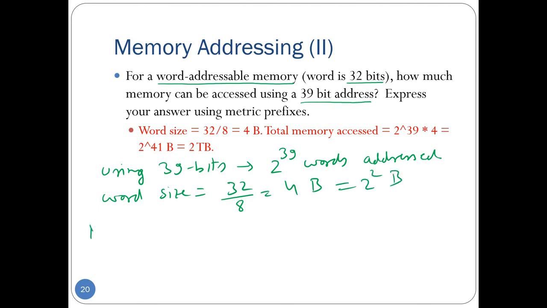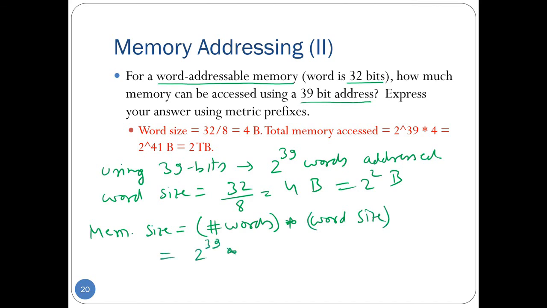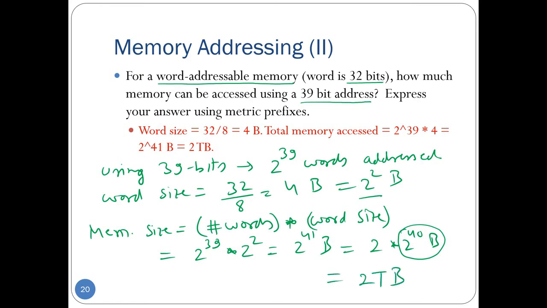So the memory size would be the number of words multiplied by the word size. Number of words is 2 to the power 39 and the word size is 2 square from here, so this is 2 to the power 41 bytes, which is basically 2 to the power 2 multiplied by 2 to the power 40 bytes. Recall that 2 to the power 40 is actually 1 tera. So this basically becomes 2 terabytes.